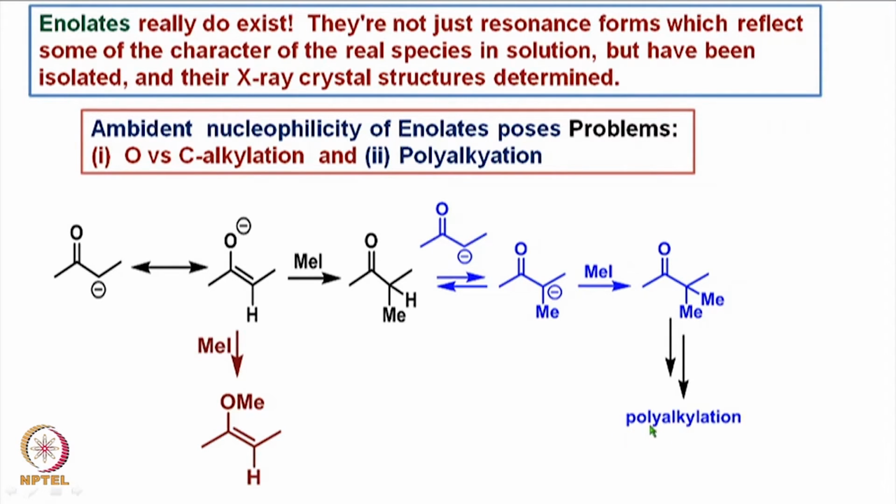So these two problems, that is O and C alkylation and also polyalkylation, are something that we need to worry about, and therefore we need to see what factors allow these reactions to be controlled.